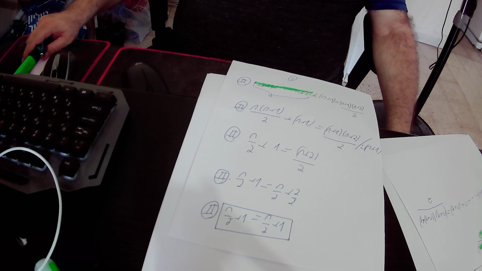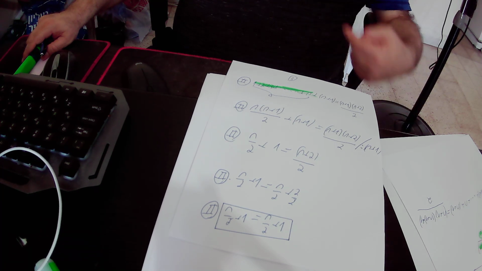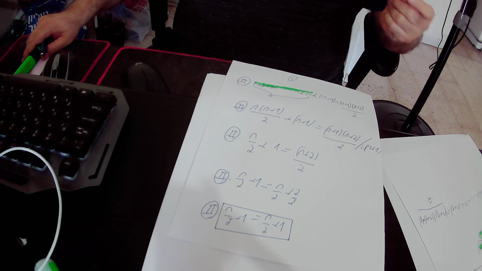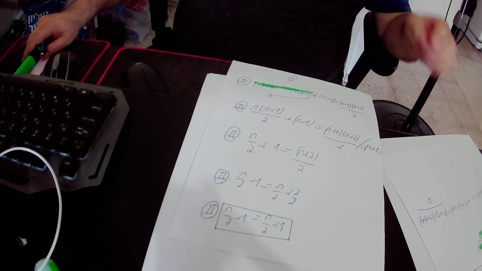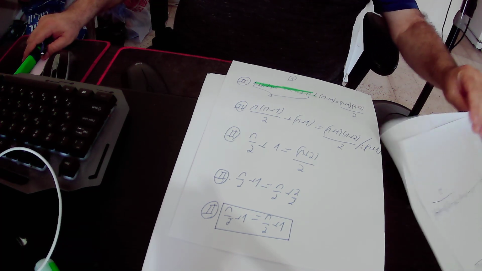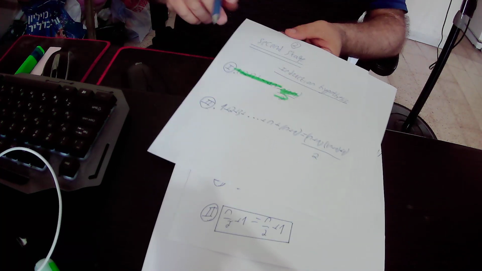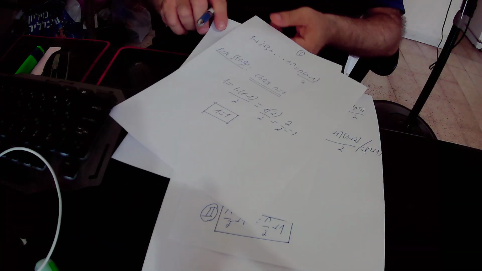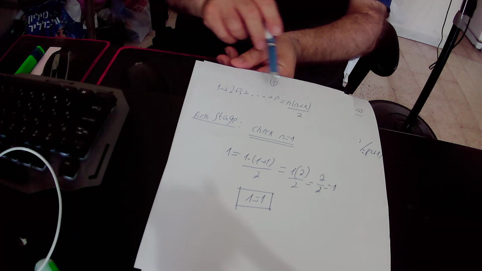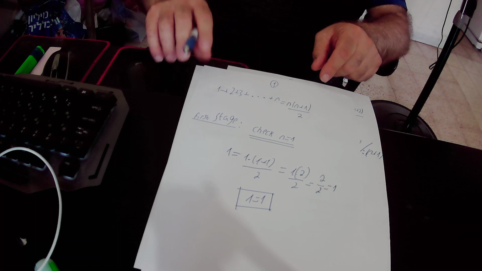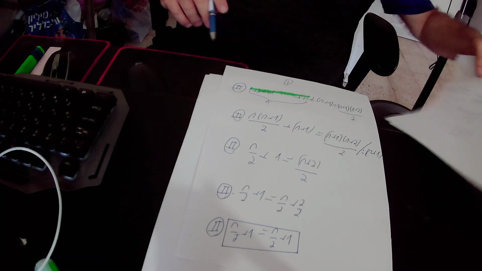Or in other words, what we have proved is that if the original statement is true for n, then it also must be true for n plus 1.